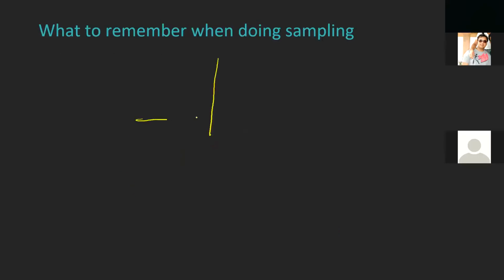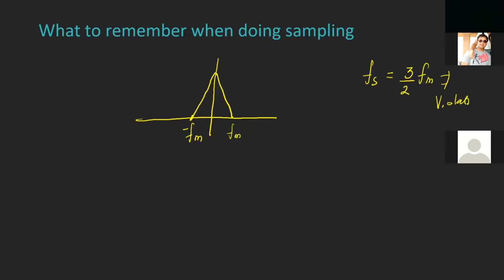Let's assume a case. I'll draw minus fm and plus fm. Let's assume that fs is equal to 3/2 times fm. So this is violating the condition, correct? Let's plot the adjacent spectrum now. This will be fs, this will be minus fs.